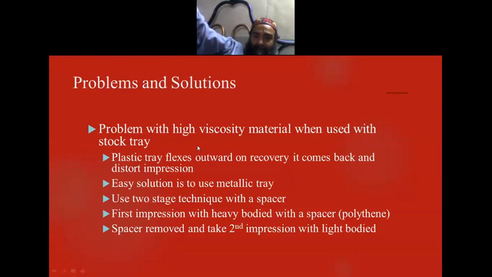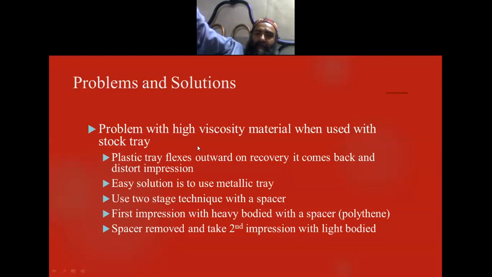If the tray is plastic tray, I have shown in my other lectures, you can see the pictures. The plastic tray flexes outward. On the recovery, it comes back and distorts the impression. This is the problem. So what will be the solution?